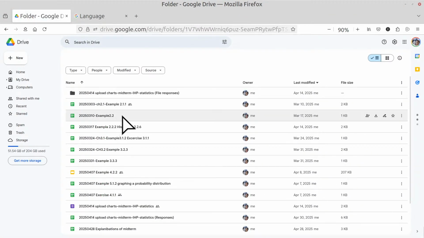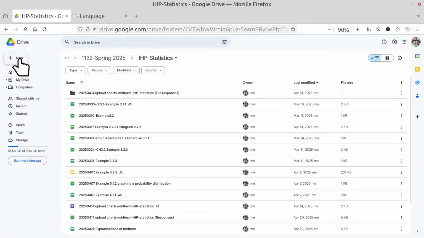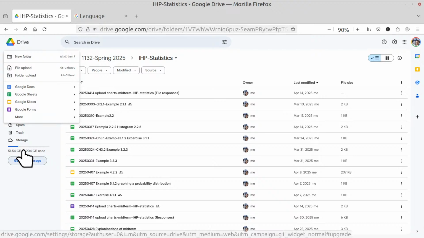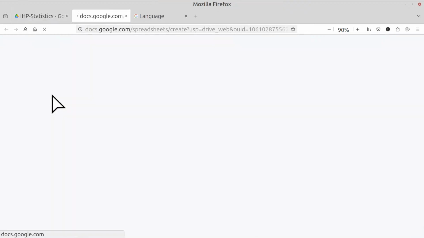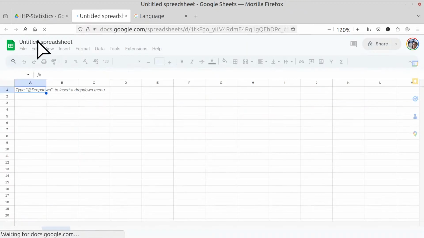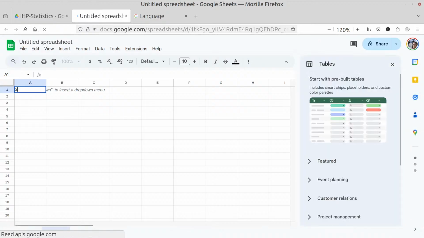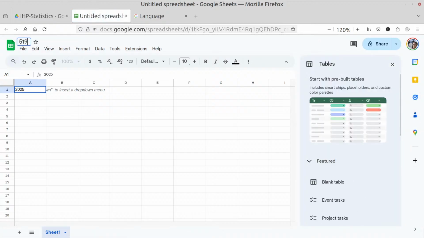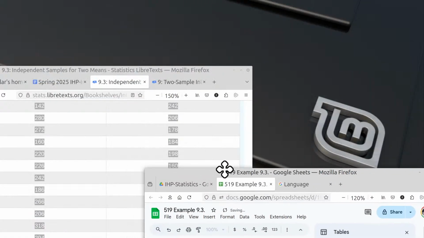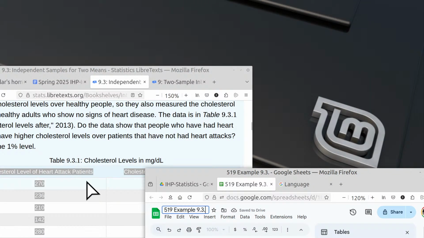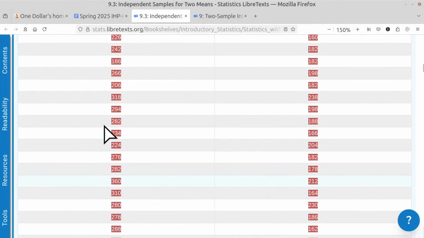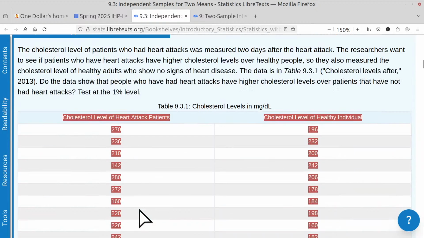Just switch the interface to English. 9.3.1.